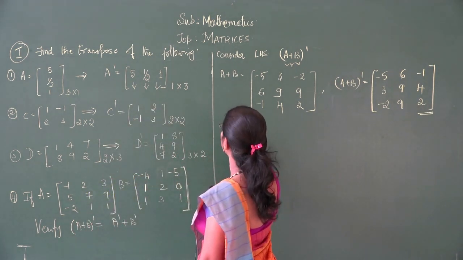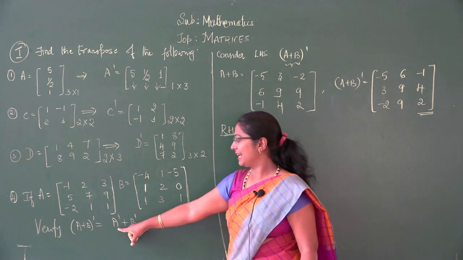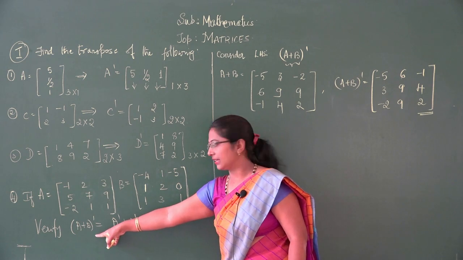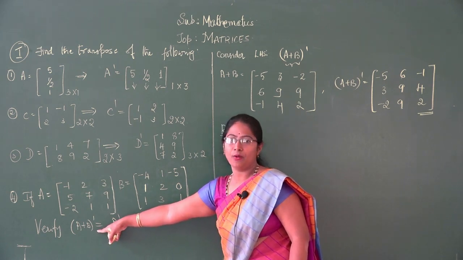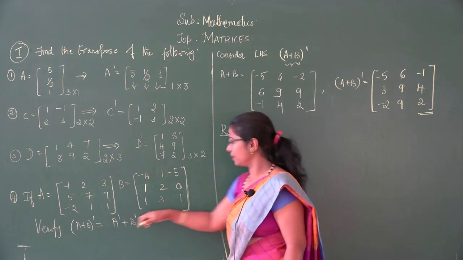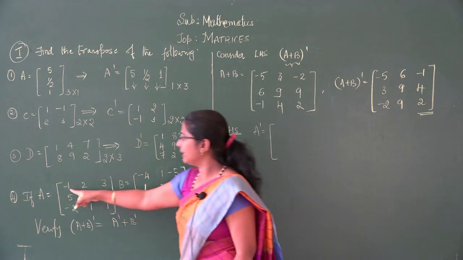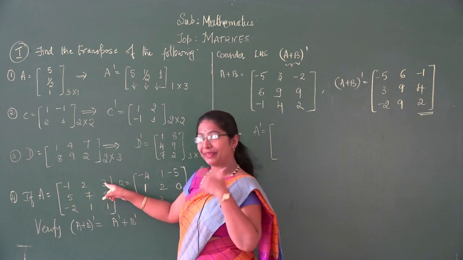That is RHS. What are we supposed to prove? A dash plus B dash is equal to (A plus B) whole dash. We already arrived at the answer (A plus B) whole dash. Now we solve A dash plus B dash. What is the A dash matrix? What is A? Minus 1, 2, 3. So what will be A dash?